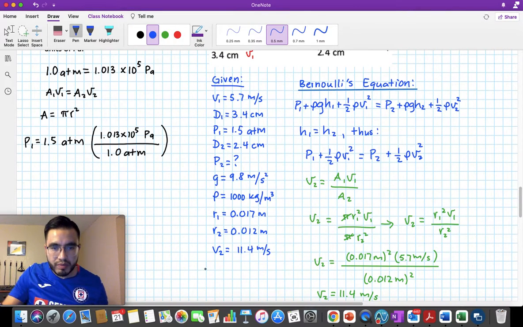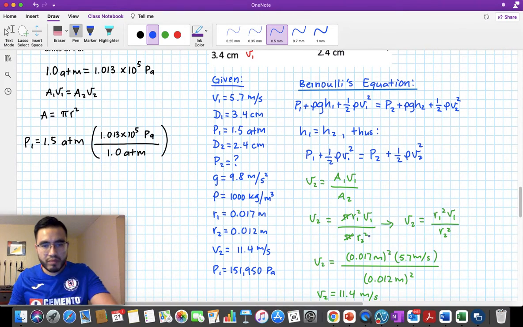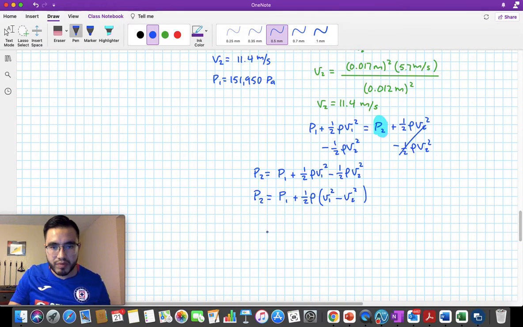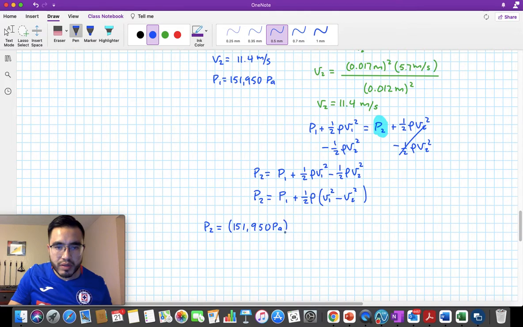So pressure 1 in pascals would be 151,950 pascals. There you go. Now I can substitute numbers. Okay, so pressure 2 equals pressure 1, 151,950 pascals.